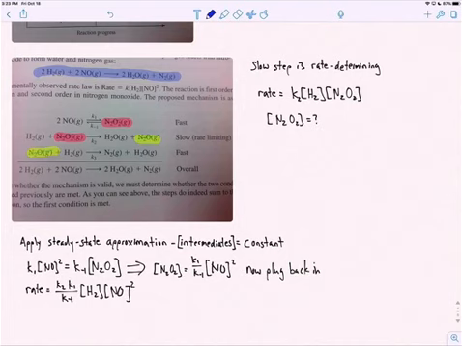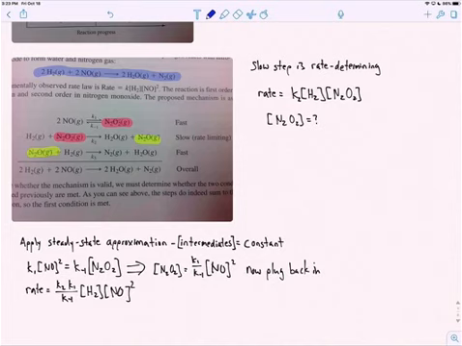So let's go back to the definition, the slow step. The slow step is the rate determining step, and it's the second one here: hydrogen plus N2O2 yields water and NO2. If this is a slow step, then we say it's elementary to the slow step. Elementary just means straightforward with the stoichiometric ratios.